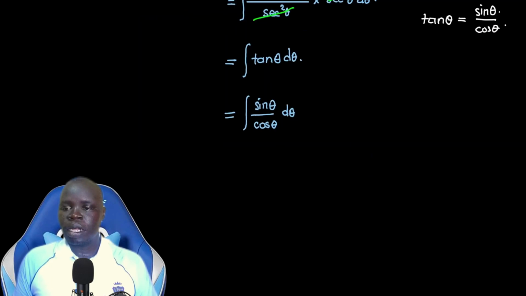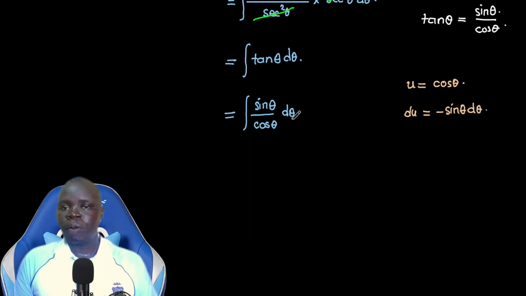And now the next thing here, let us also change this variable from theta to u. So changing this variable, we will have u equivalent to the denominator, and that is cos theta. And whenever we change variable, we always differentiate. So the derivative of u with respect to u is just 1 with respect to u, and the derivative of cos theta is negative sine theta with respect to theta.